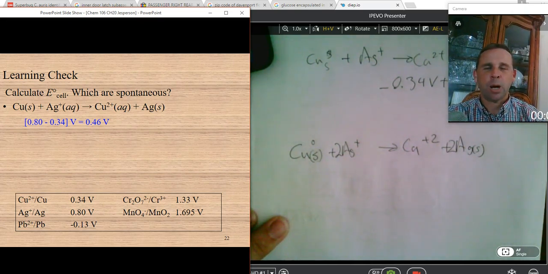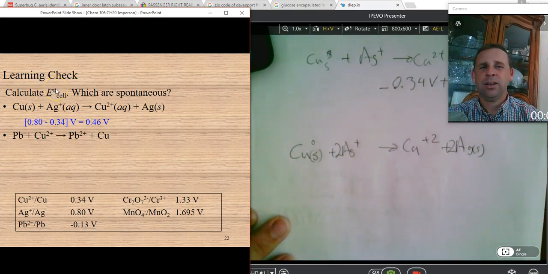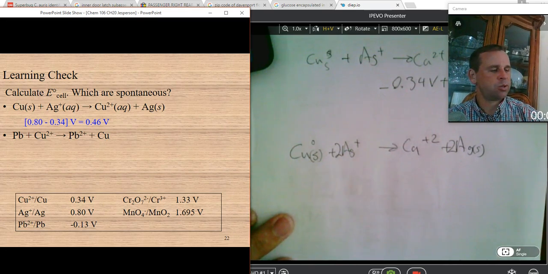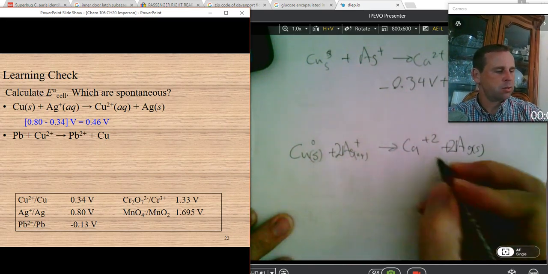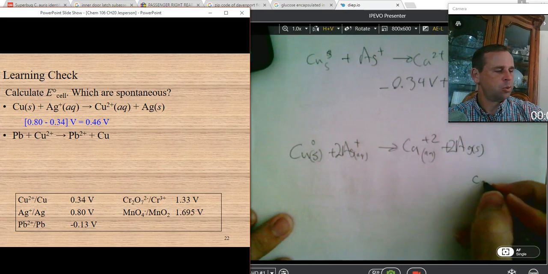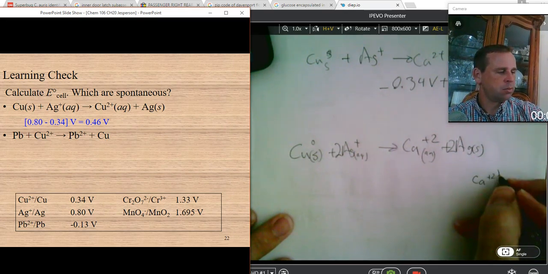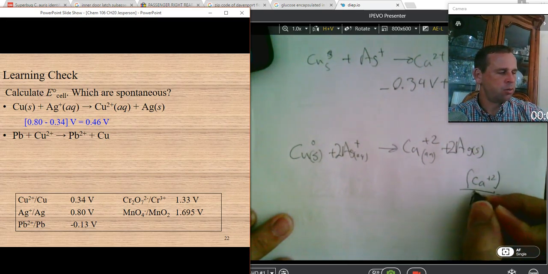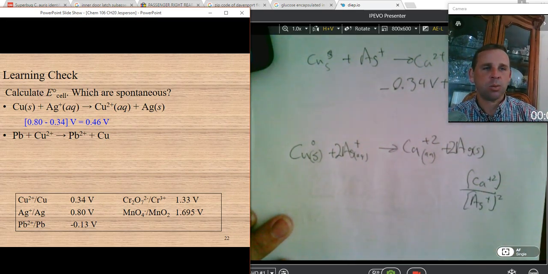Okay? Now, because these E values that are provided are E naughts, which means standard conditions, which mean 1 molar of the different things that would be in our quotient if we were to draw the quotient for this. So if we were to draw the quotient for this, this is aqueous, this is aqueous. The quotient would be copper ions over concentration of silver ions squared, right? Those are the things that would be in the quotient.